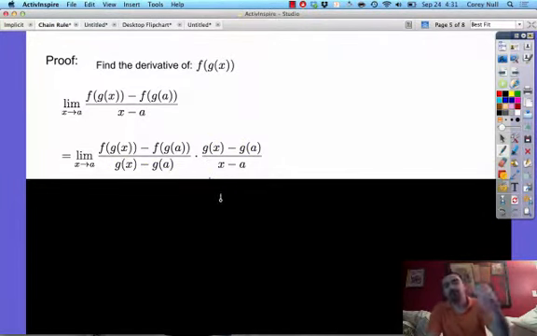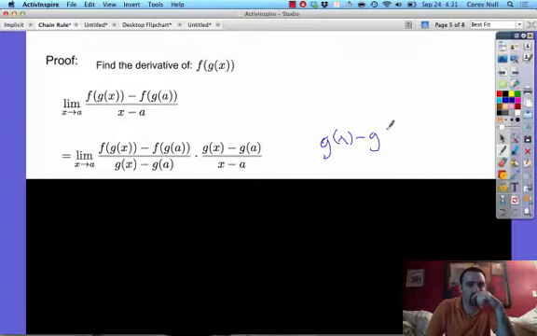Now, we've introduced something, but this quantity g of x minus g of a, we don't care about what happens when x equals a, so that's not a problem. It can equal 0 when that happens, but the problem is that the way we've set this up, we're assuming that f prime exists and g prime exists.